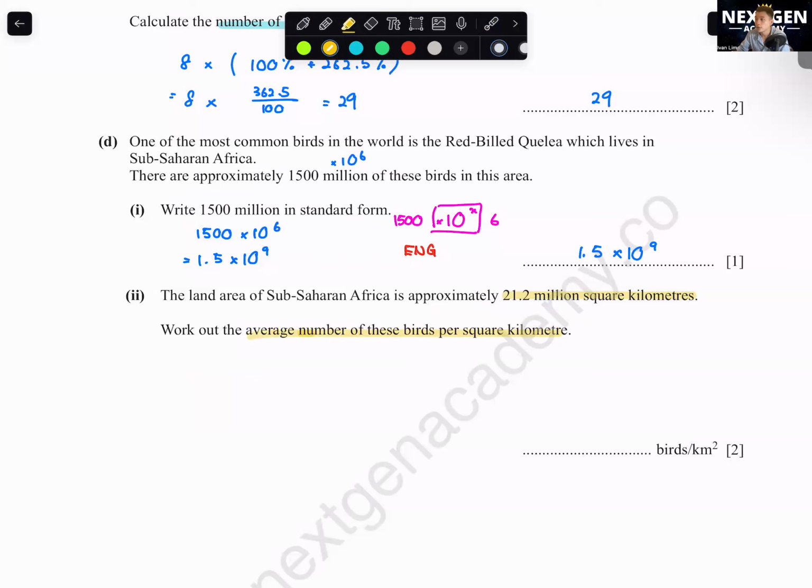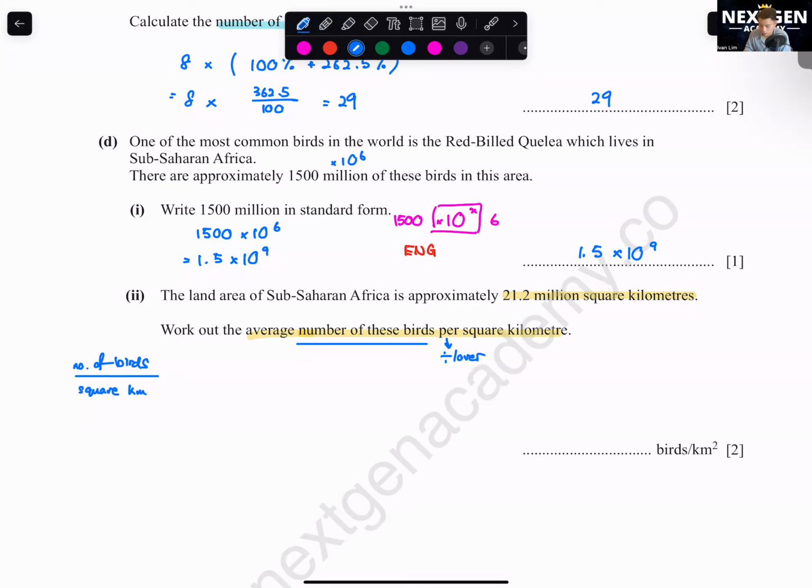In the previous one, we have 1.5 times 10 to the power of 9 birds, and we have 21.2 million square kilometers. If you don't know what they're asking, when you see the word per, it means divide or over. Per square kilometer.